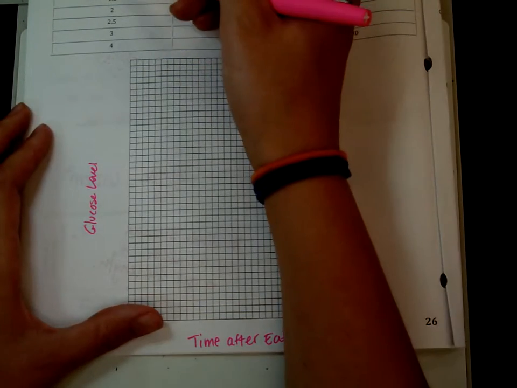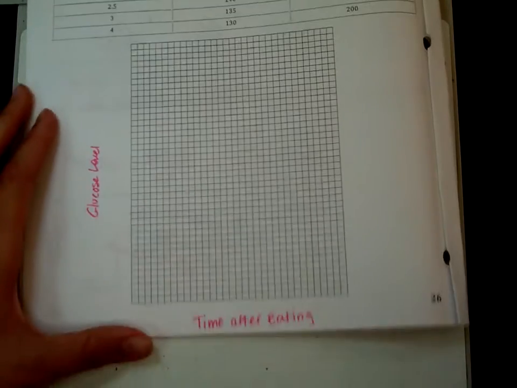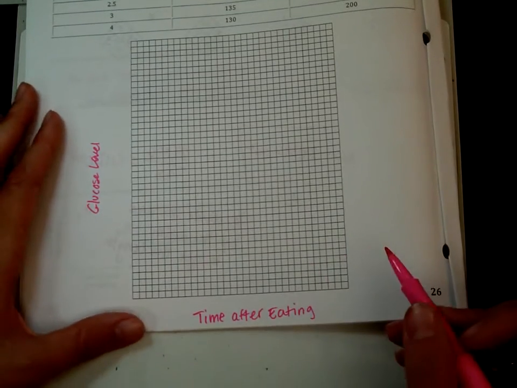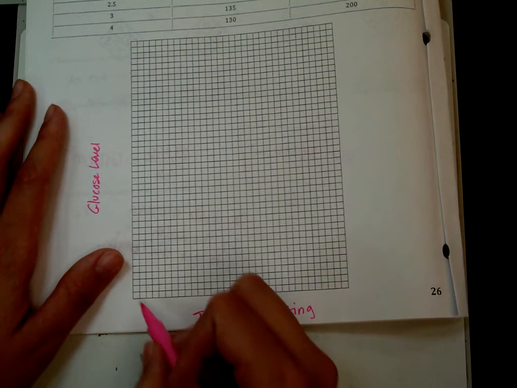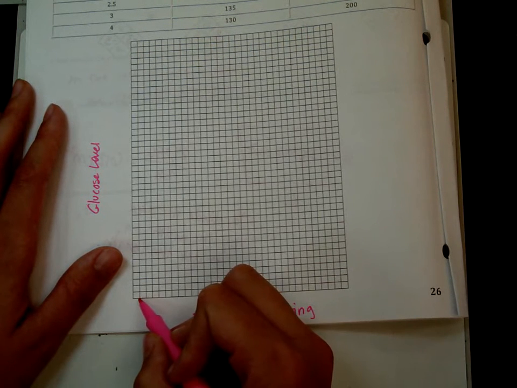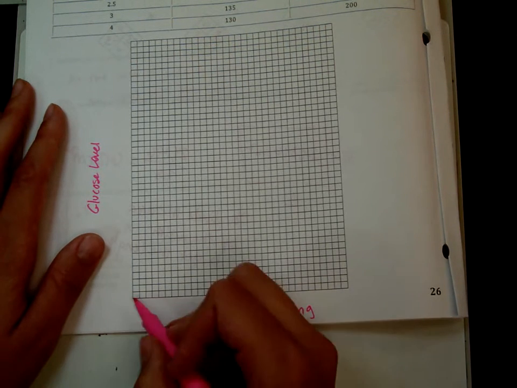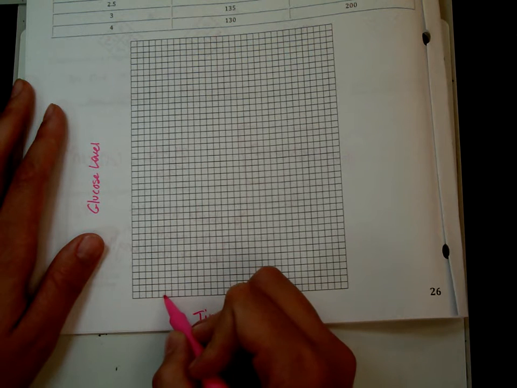So our time after eating needs to go from 0.5 all the way to 4. So we can probably skip a lot here. Let's skip 6 squares and we'll make that worth 1. 1, 2, 3, 4, 5, 6. So that's 1.